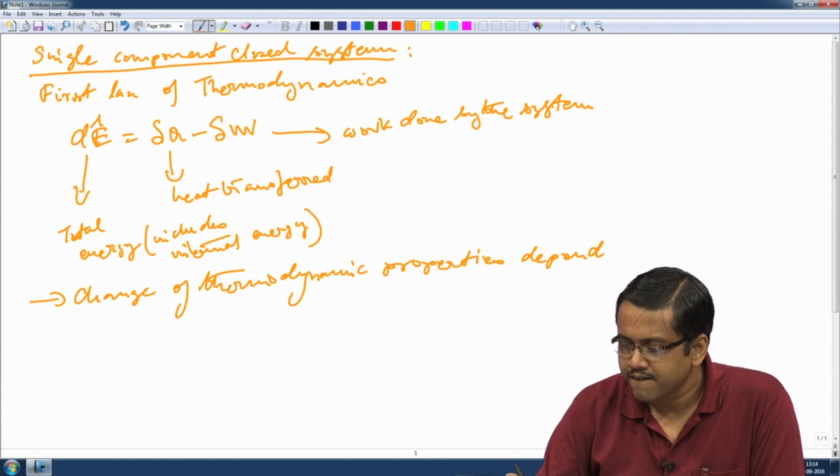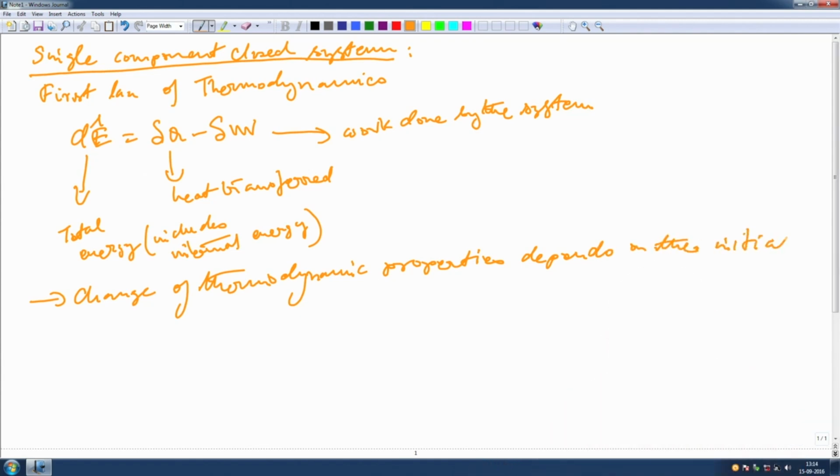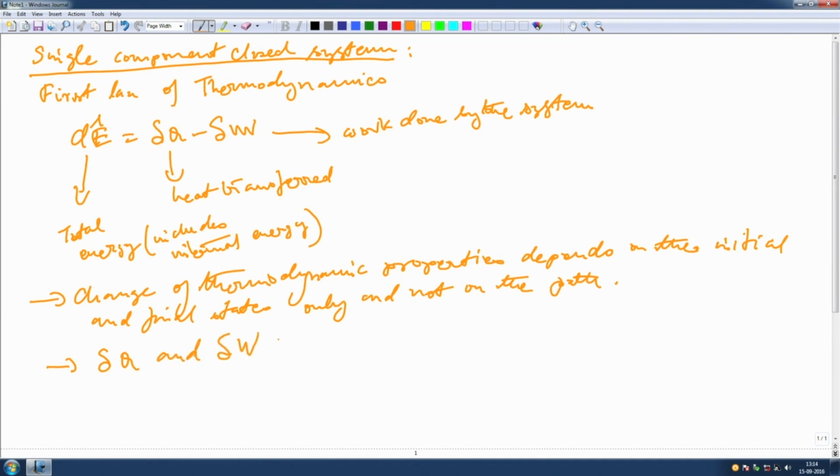However, quantities like dq and dw are path dependent. That is why we have written them by that tilde kind of a symbol, right.